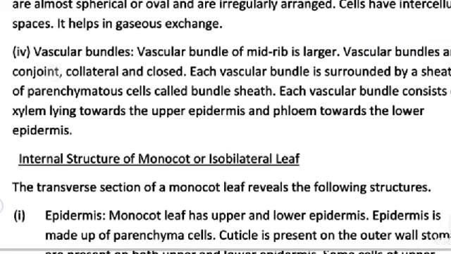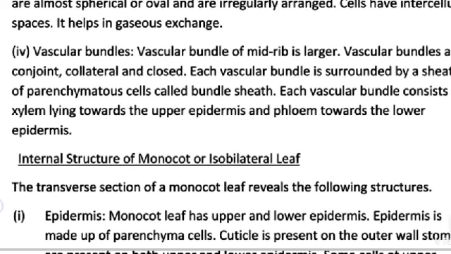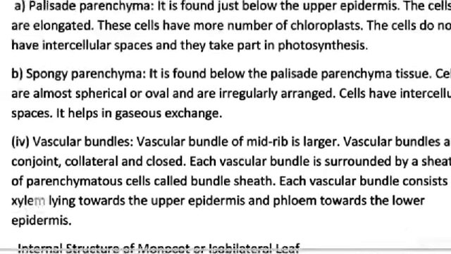Vascular bundles are conjoined, collateral and closed. Each vascular bundle is surrounded by a sheath of parenchymatous cells called bundle sheath. Each vascular bundle consists of xylem lying towards the upper epidermis and phloem towards the lower epidermis.